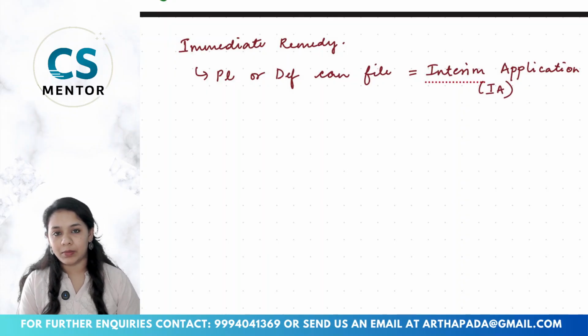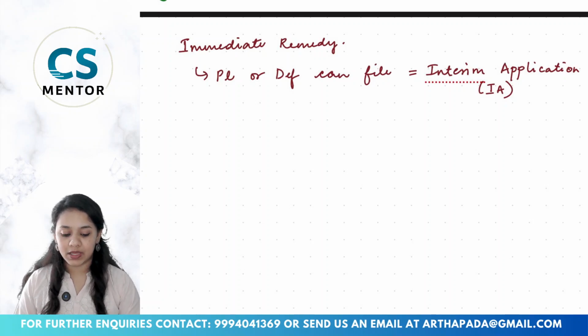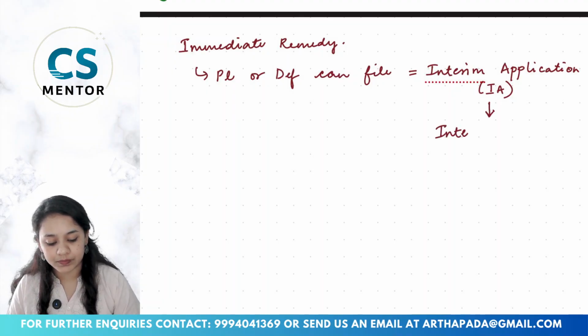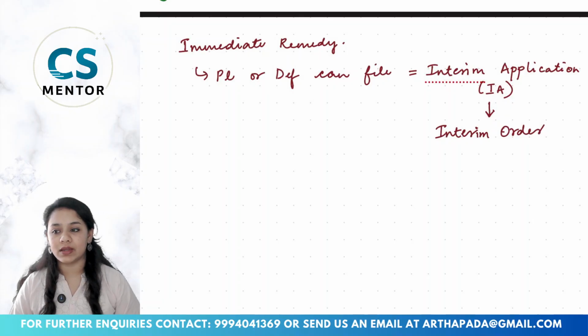So, an interim application can be filed to the court of law by the plaintiff or the defendant. And what is this interim application? This interim application will give rise to an interim order. So, if you file an interim application, you'll get an interim order.